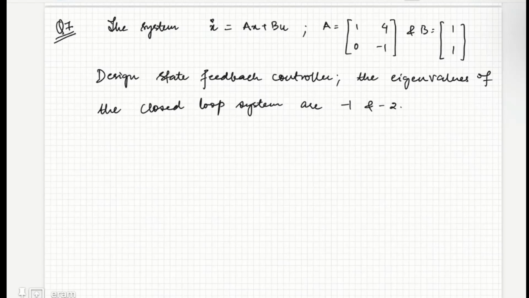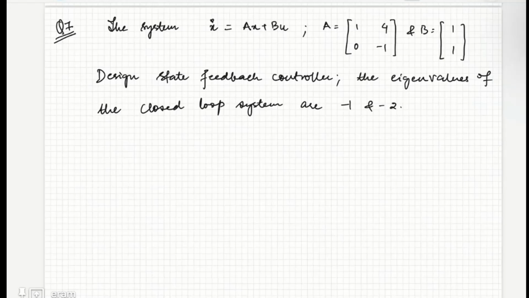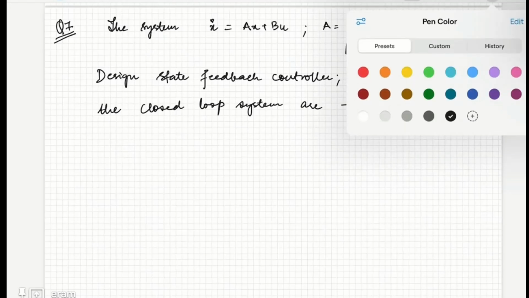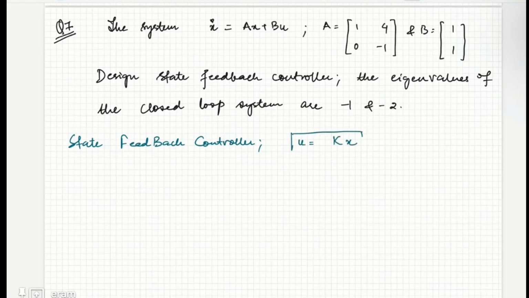Let's solve this problem. Since we need to design a state feedback controller, let's consider the controller u = Kx, the simplest state feedback control.